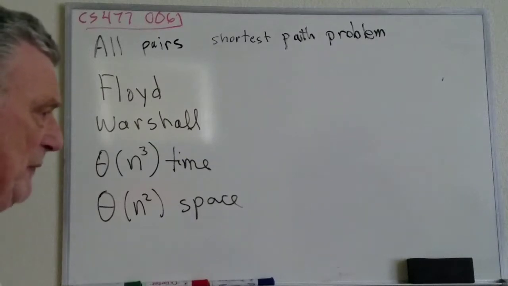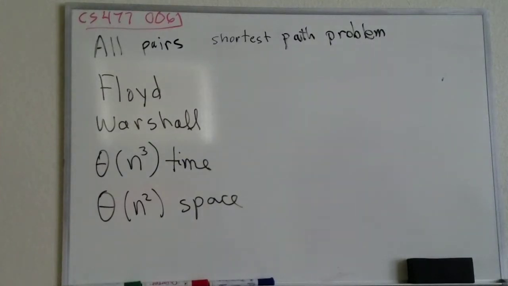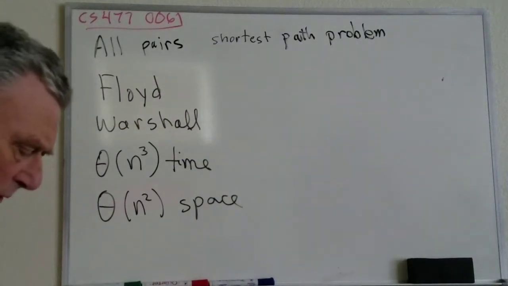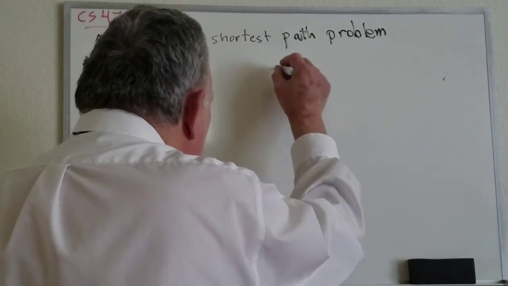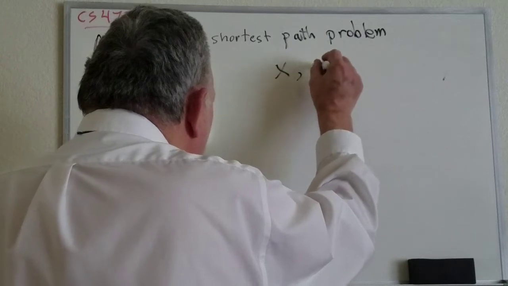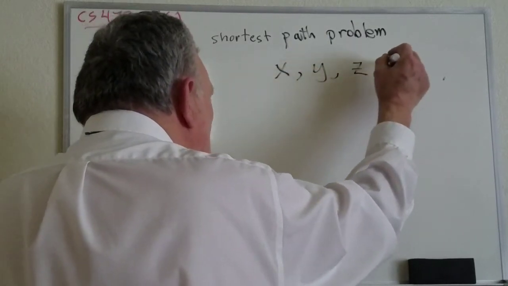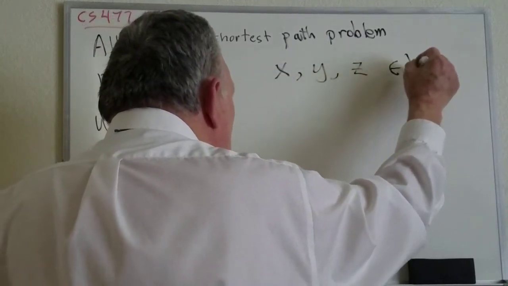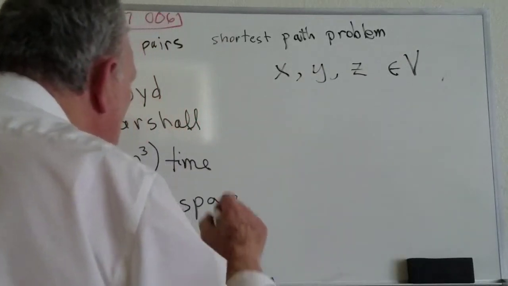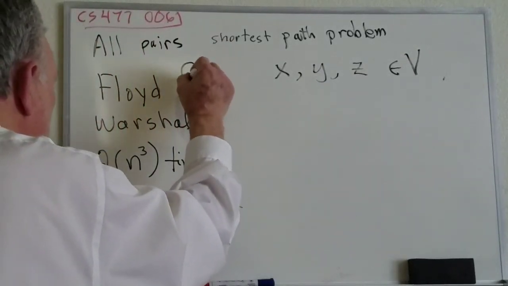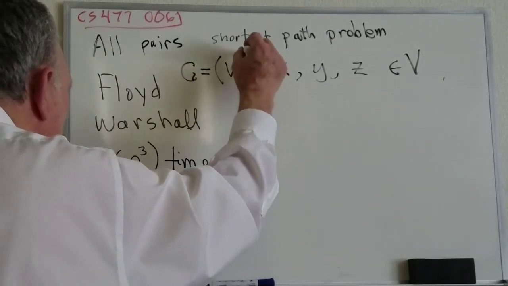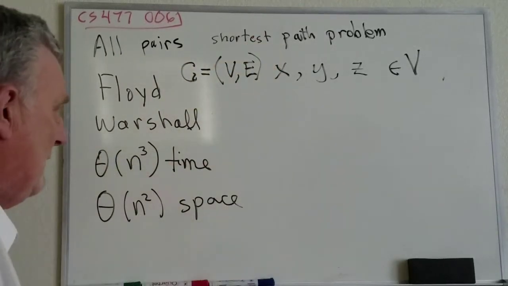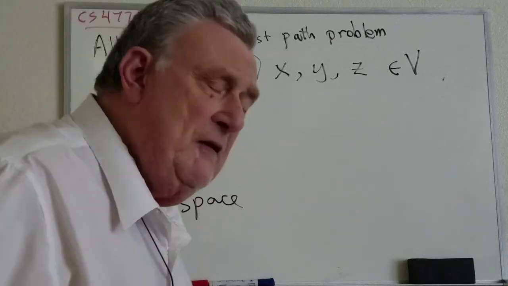Now the concept of Floyd-Warshall is relatively simple. It's a relaxation method. Let us, for example, suppose that x, y, and z are vertices, because we're going to assume that our graph G is a set of vertices and a set of edges. So suppose x, y, and z are vertices.